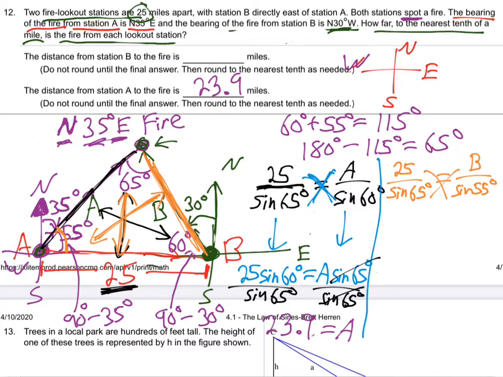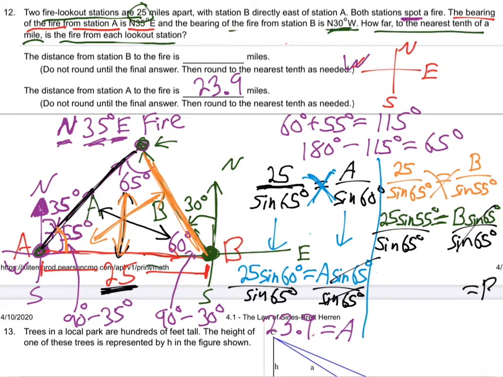So cross multiply, and we get 25 sine 55 is B sine 65. And then last step to solve for B, divide by the sine of 65 degrees.